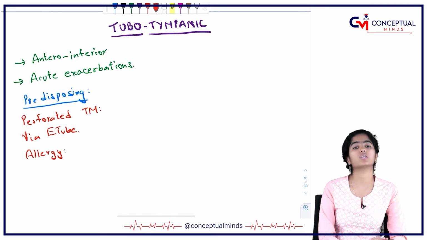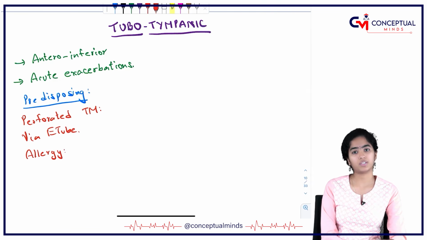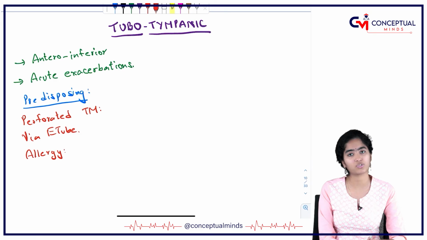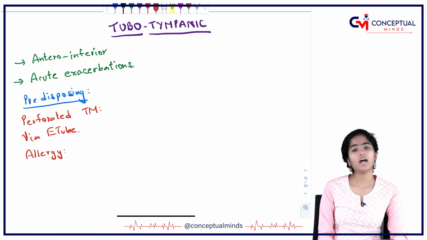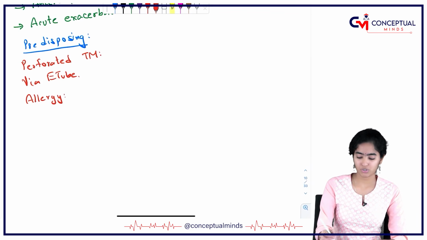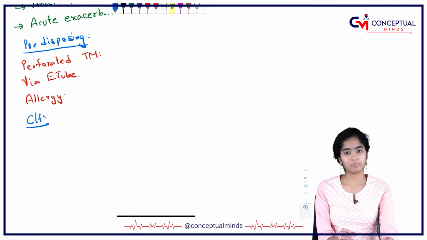In these patients, usually a concomitant allergy is found either to certain foods or to certain environmental inhalants such as pollen grains or fungi, or dust allergy could be present. It is usually observed.